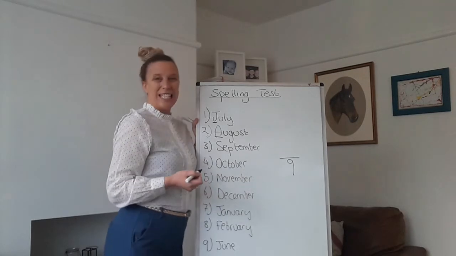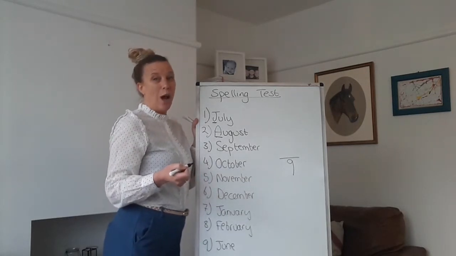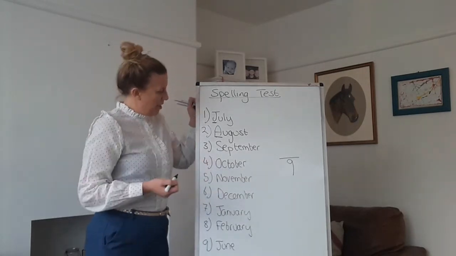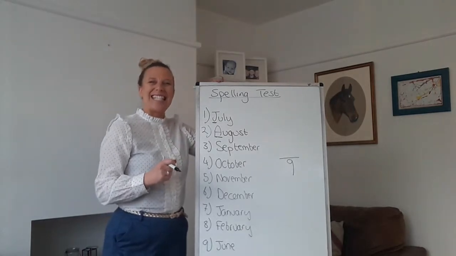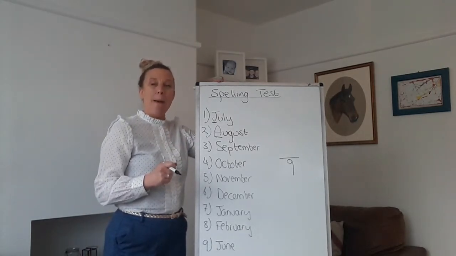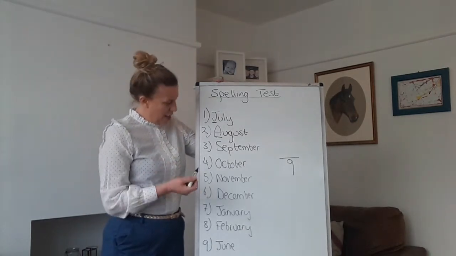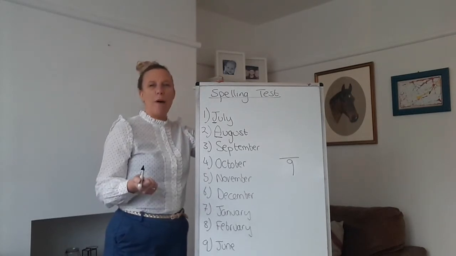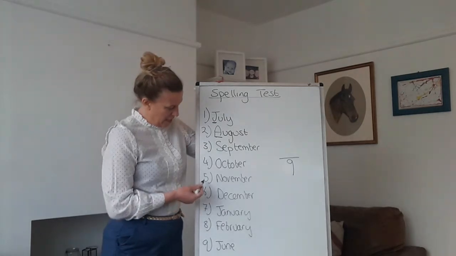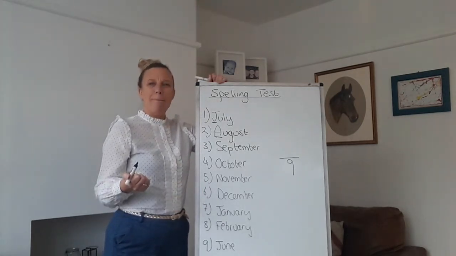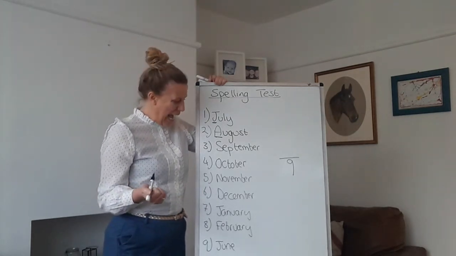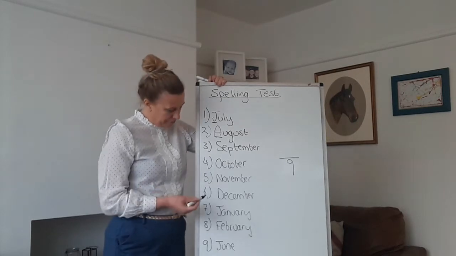Number 2, August, A-U-G-U-S-T. Number 3, September, S-E-P-T-E-M-B-E-R. Number 4, October, O-C-T-O-B-E-R. Number 5, November, N-O-V-E-M-B-E-R.